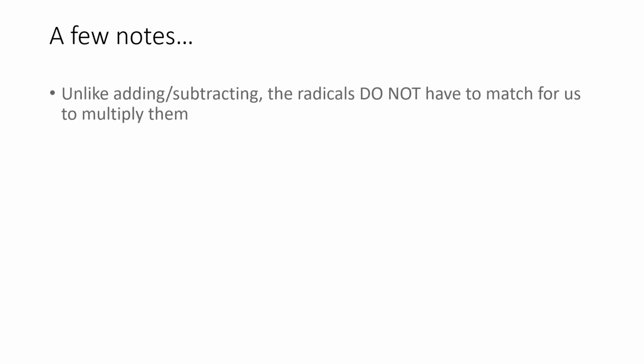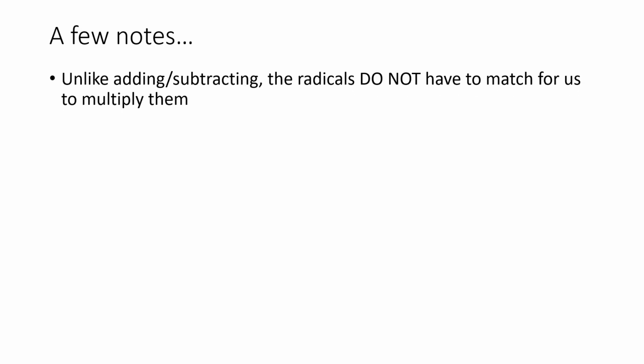Right, now a few things to note about multiplication of radicals. First of all, unlike adding and subtracting, the radicals do not have to match for us to multiply them. If you were doing the square root of 3 plus the square root of 5, we would have to say that we cannot add those together because they're essentially unlike terms, but we can do the square root of 3 times the square root of 5, and that would be equal to the square root of 3 times 5, or the square root of 15.